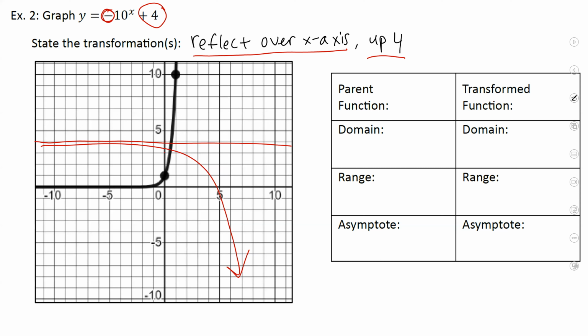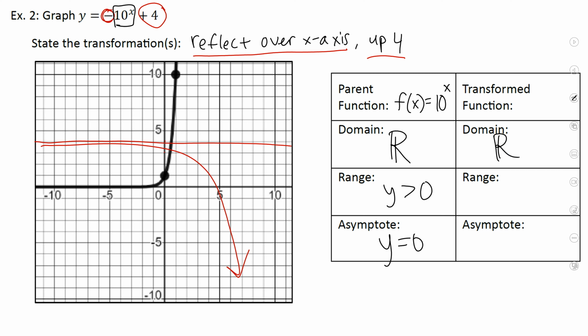So guys, this part stays the same. The parent function here is f of x equals 10 to the x, right? Our base is 10. So that's the parent function. This remains the same. Okay, however, what is new? The domain did not change.